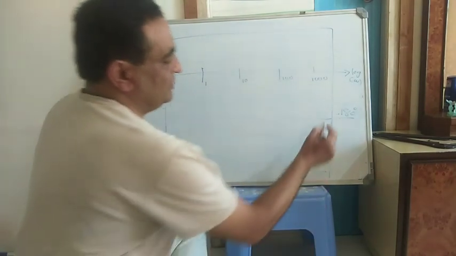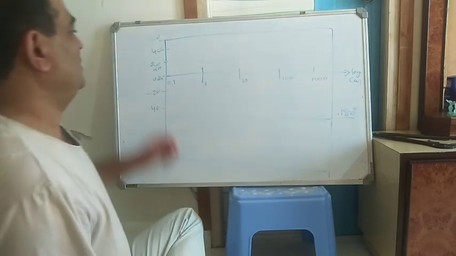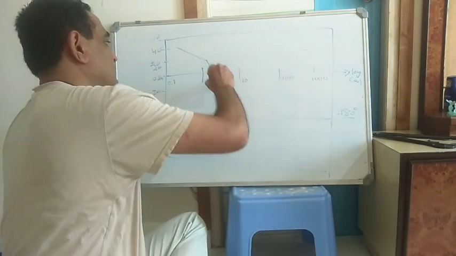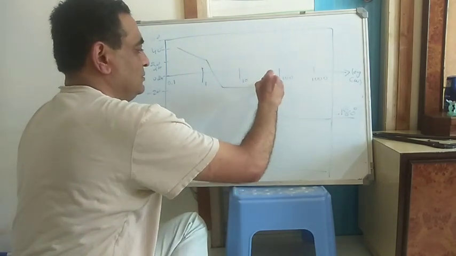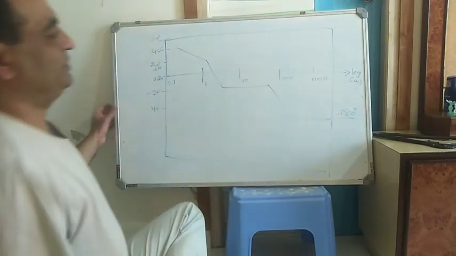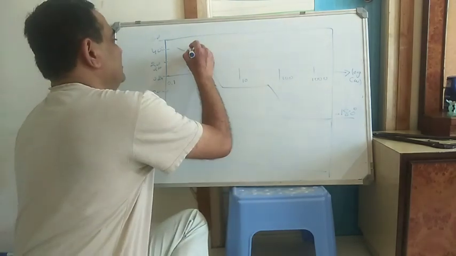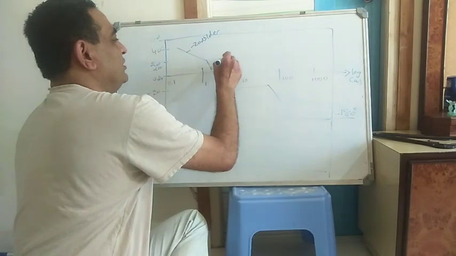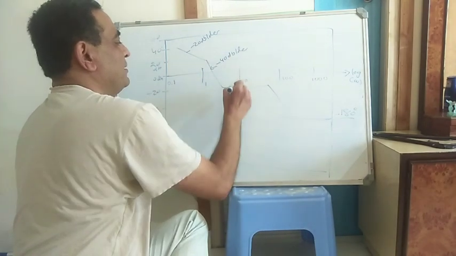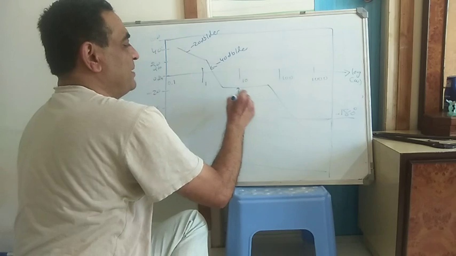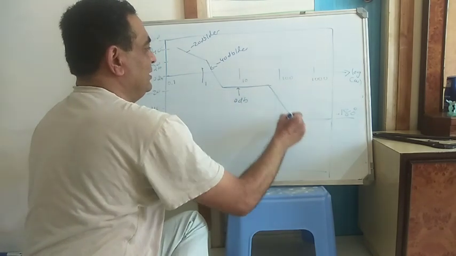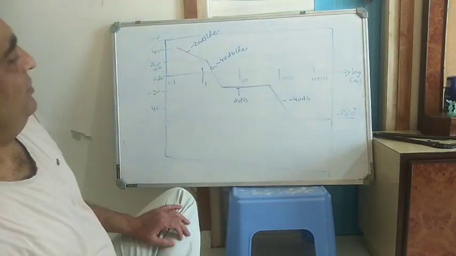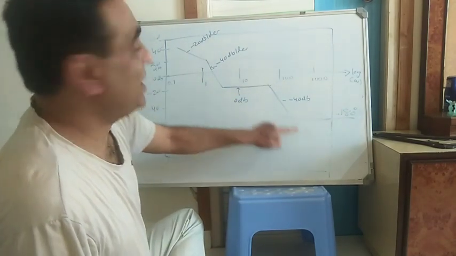This is the minus 180 degree line. Let's assume this was the magnitude plot. Let's say this is the minus 20 dB per decade line. This is minus 40 dB per decade. This is 0 dB per decade since it is parallel. And this is again minus 40 dB per decade. So this was the magnitude plot.